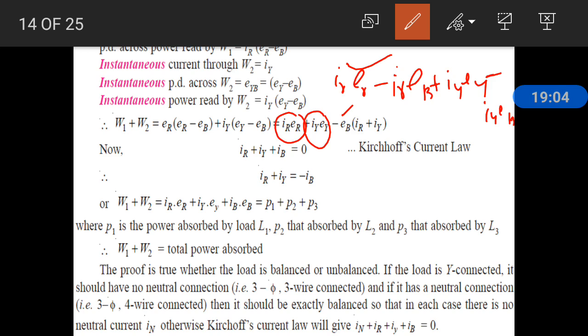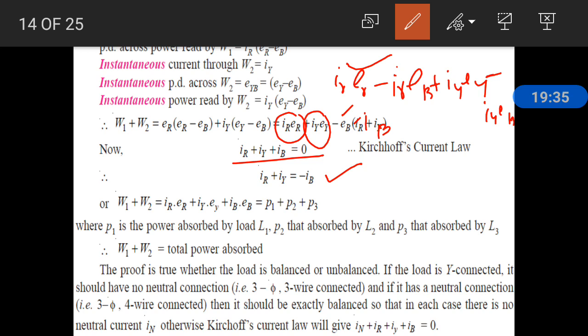We know that IR plus IY plus IB should be 0. So IR plus IY means minus IB. Substituting minus IB for IR plus IY, minus IB into minus EB means plus EB into IB.